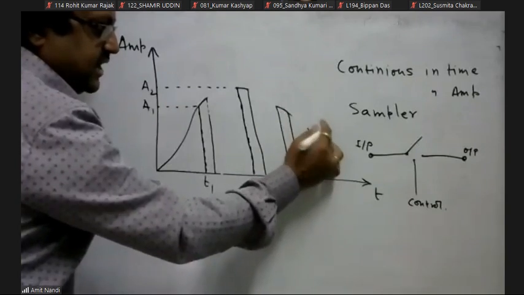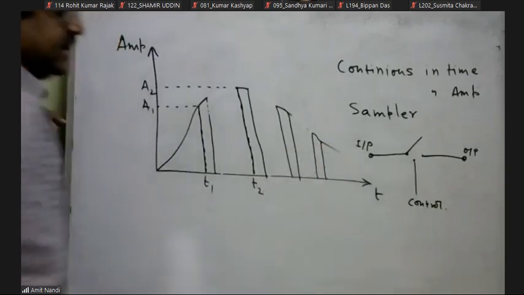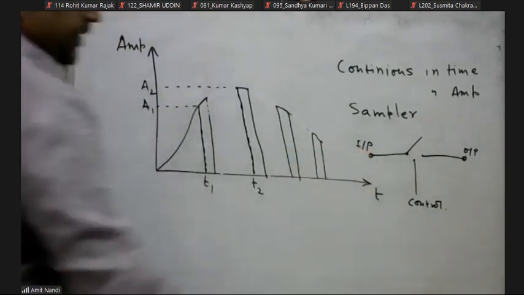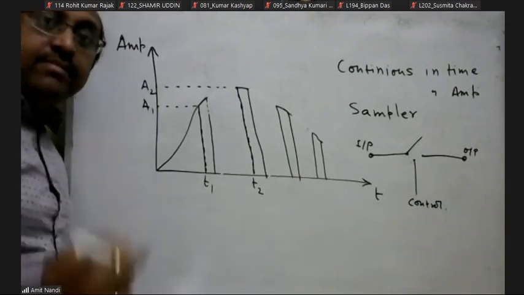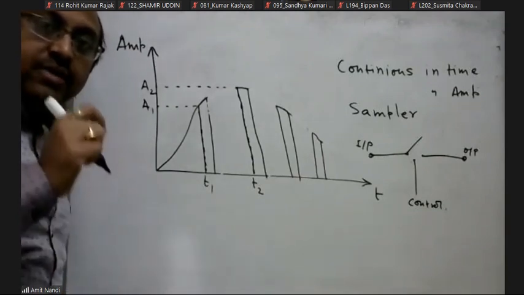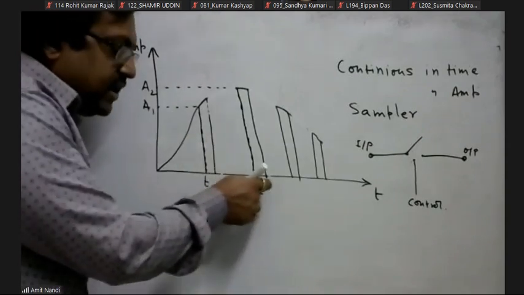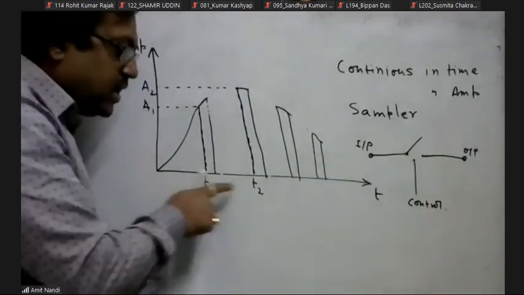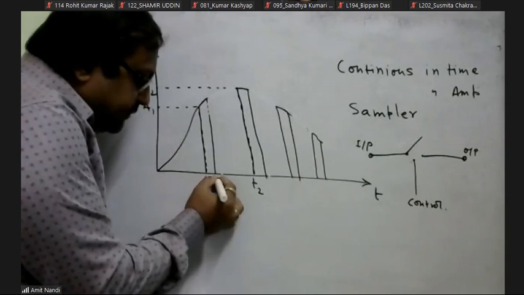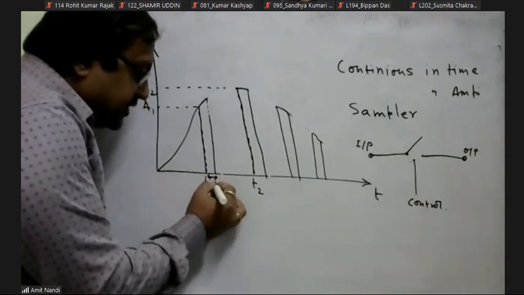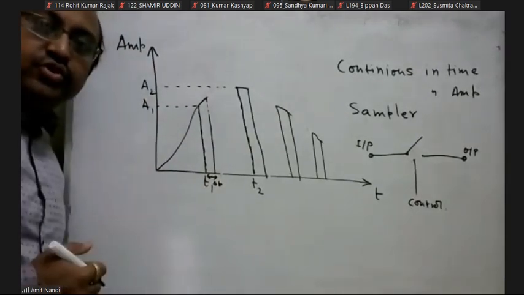That signal is basically called a discrete time signal. That means the signal is discrete in time, because we do not take the value of amplitude for every instant of time. We basically take it for discrete instants of time, say t1, t2, t3, t4, and for a certain duration of time the switch will be on, and then we get some amplitude.